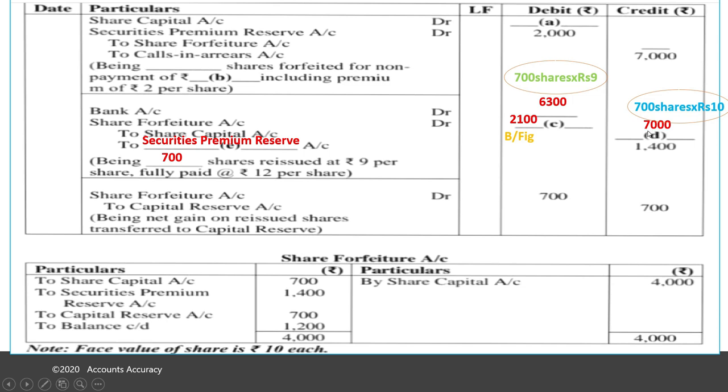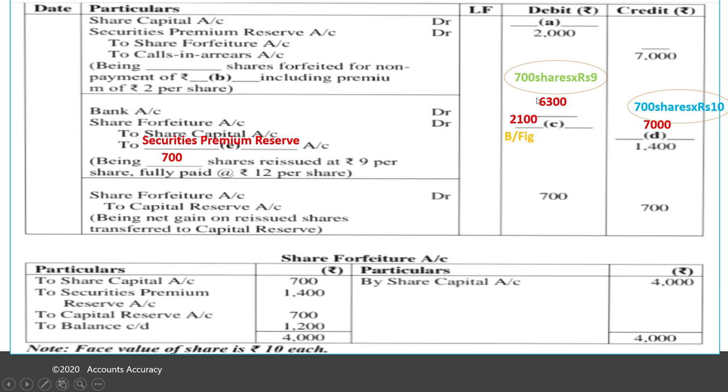Now as this 7000 is the share capital and 1400 is the securities premium reserve, our credit side is complete. As credit and debit side should be equal, our credit side total is 8,400. So the debit side total should also be 8,400.